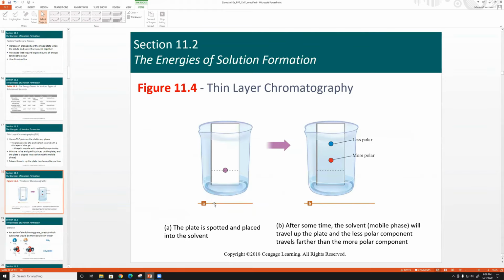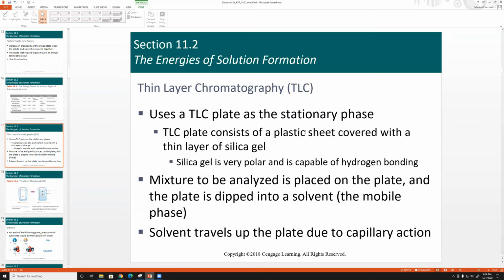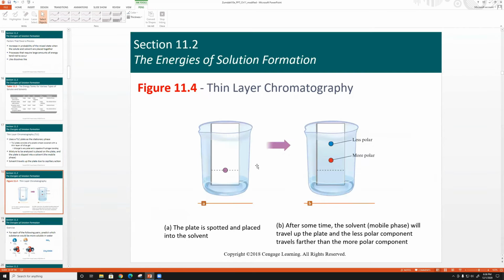There's a huge variation, with different phases called stationary phases and mobile phases. But let's get to the actual point of it: you can put a solvent. So this plate is a silica plate. Silica is polar.